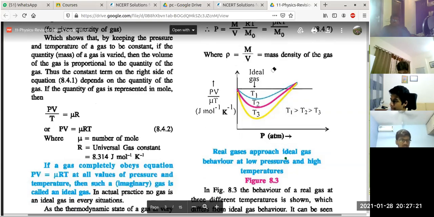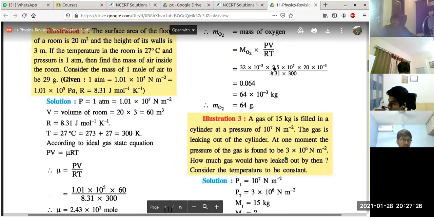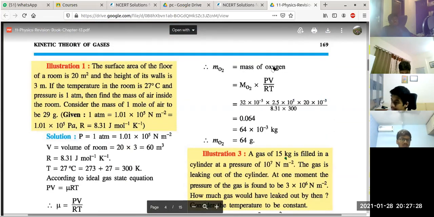Now, real gas, ideal gas. This question, read this question. Read illustration one.